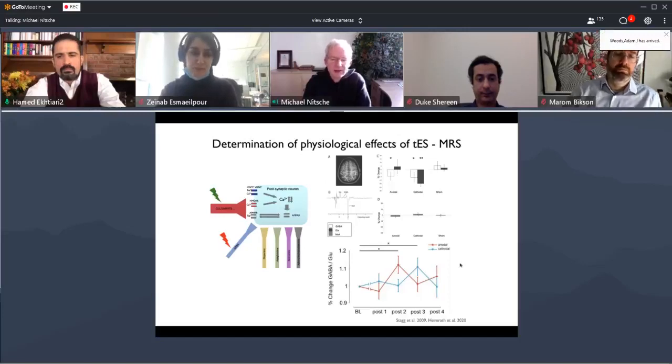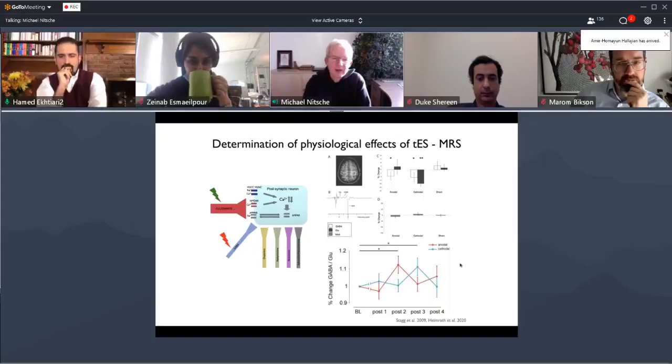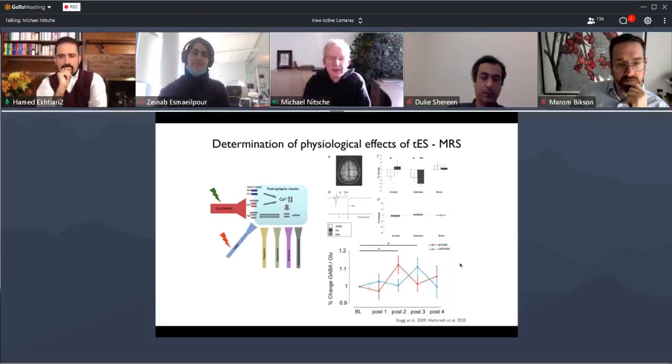Charlie Stagg showed already 11 years ago that we get a polarity independent reduction of GABAergic activity in the motor cortex, whereas the effects on glutamate seem to be polarity dependent, with a reduction with cathodal TDCS. For MRS so far, we don't see a significant modulation of glutamate with TDCS, but we know from pharmacological studies that glutamate is also critical for the induction of TDCS effects.